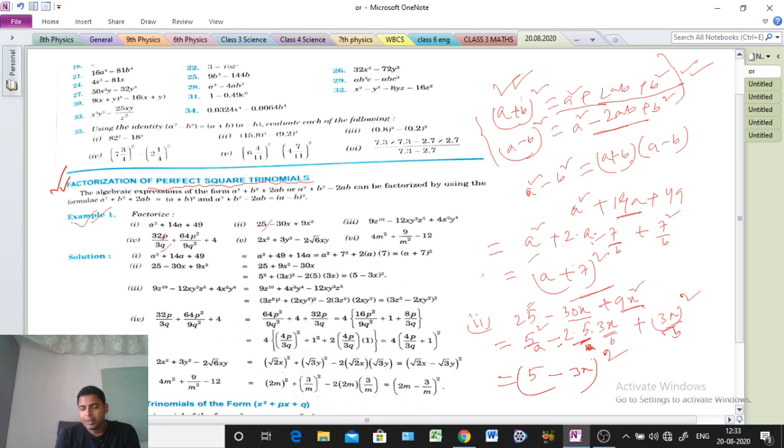I am writing the question number 3: 9z to the power 10 minus 12x y square z to the power 5, okay, plus 4x square y to the power 4. This is the question.